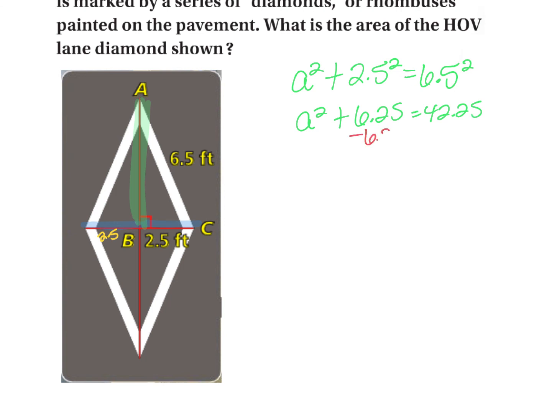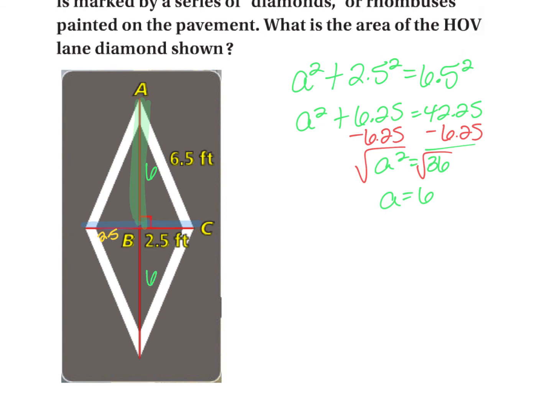Now let's subtract 6.25, subtract 6.25. So I have a squared equals 36. Square root. This is a coincidence. A is 6. They're not always 6. It's just coincidence on these last 2 problems. So that's 6. That must mean this is 6 as well.